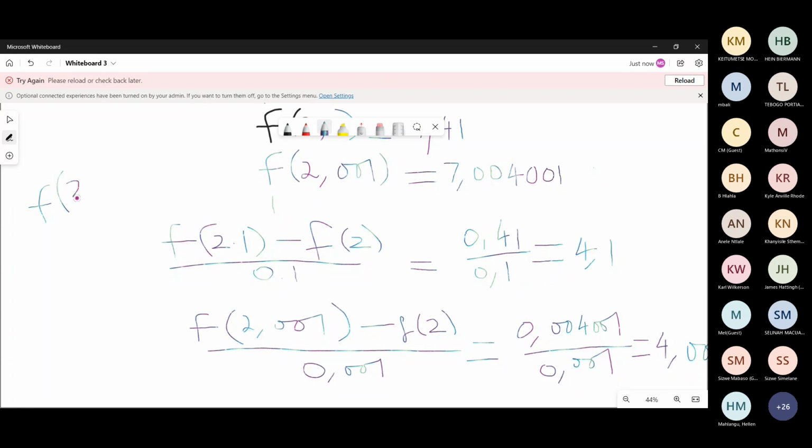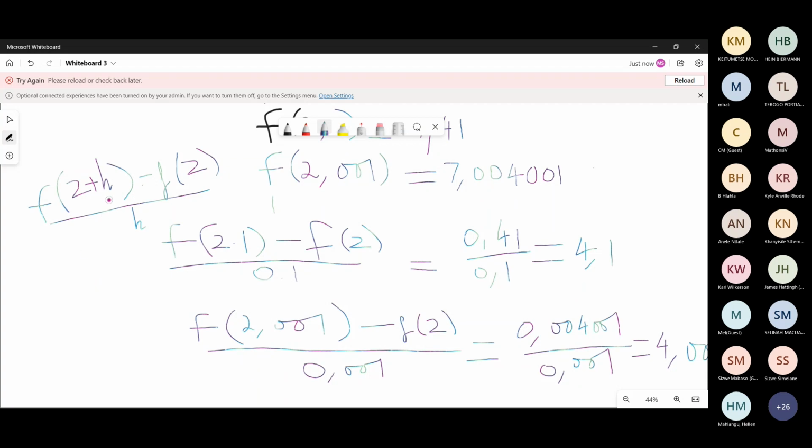Here I have f of 2 plus h, minus what, please? Minus f of 2, right? And we are dividing this by h. That's what we are doing.